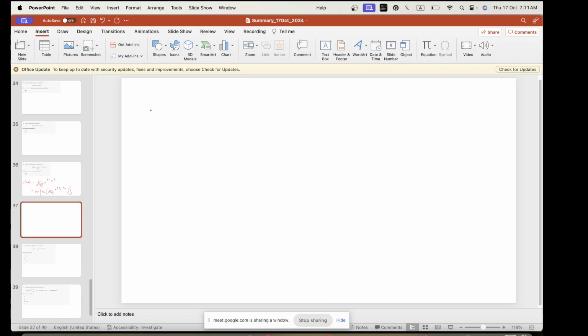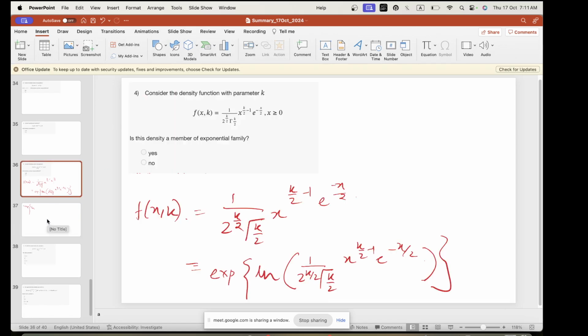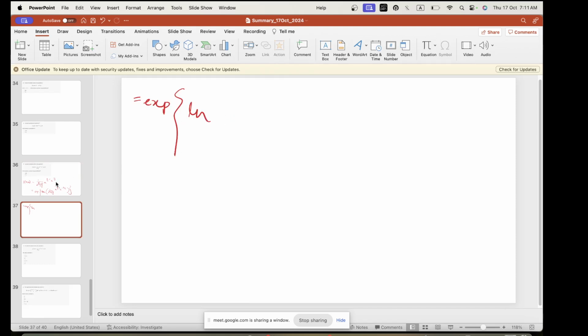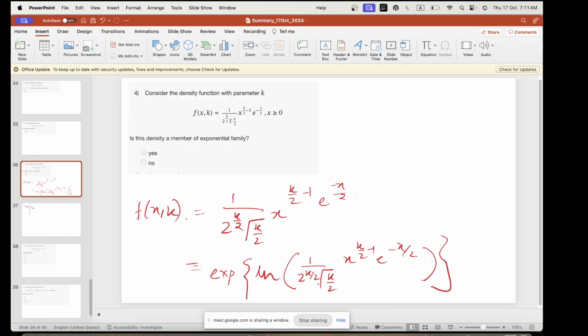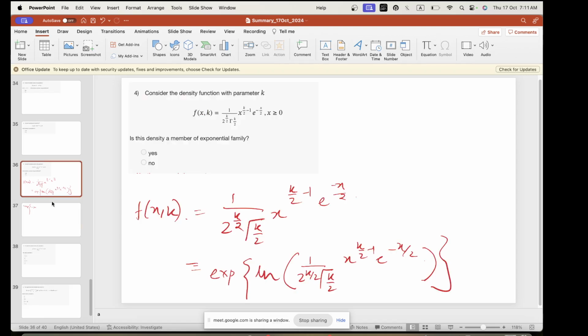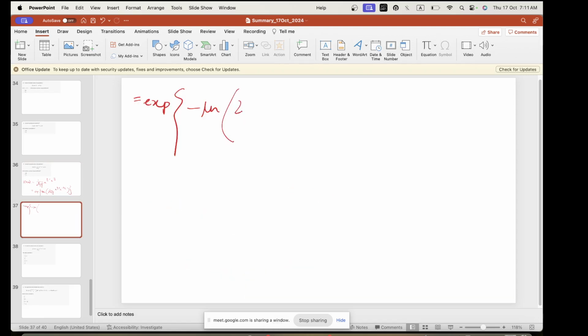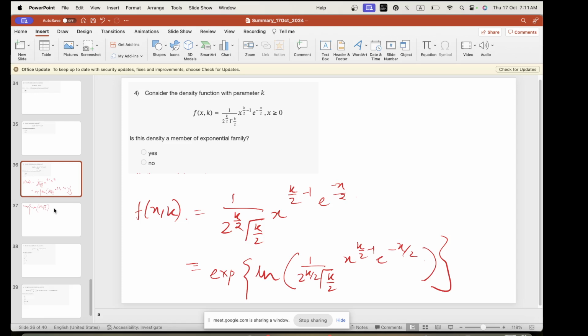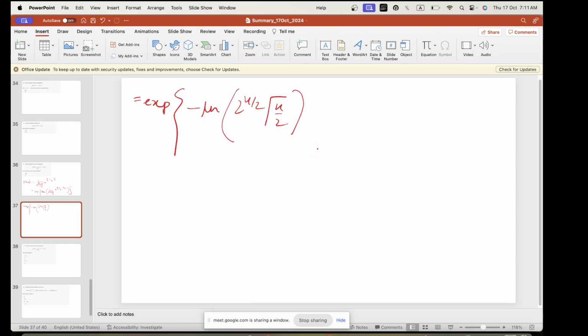So here we can write it as exponential of log of 1 by 2 to the power k by 2 gamma of k by 2, which is minus ln of 2 to the power k by 2 gamma of k by 2. Then we can write it as plus k by 2 minus 1 into x.